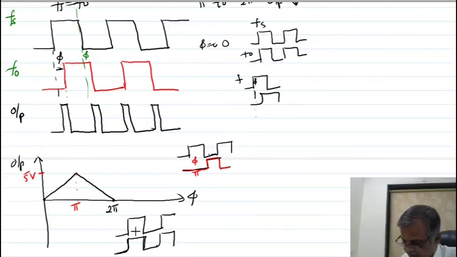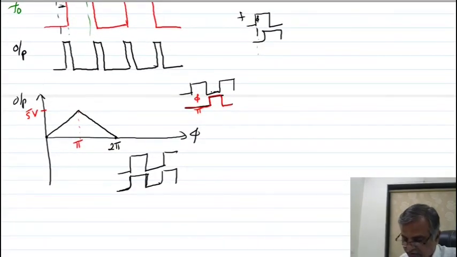So it's very clear, as the phase increases from 0, the voltage increases. At pi, the voltage is maximum. From pi to 2 pi, the voltage decreases and becomes 0. So there is a linear relation between the output voltage and phase from 0 to pi and from pi to 2 pi.